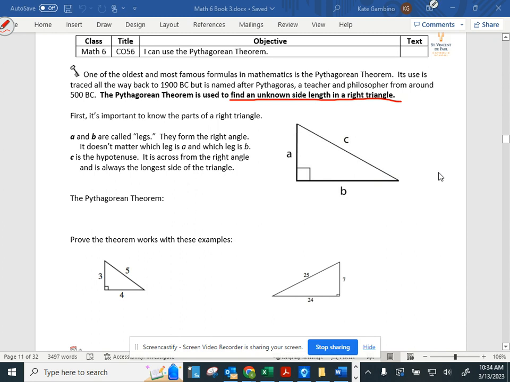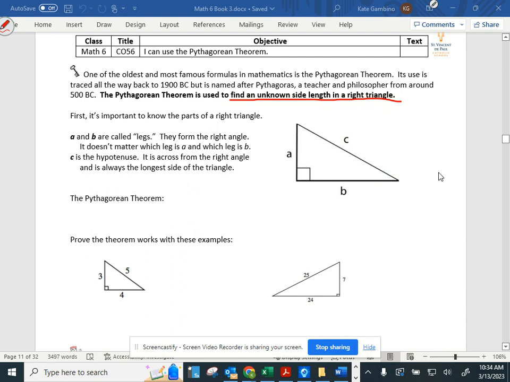So when we have a right triangle and you know two sides, you can find the third side using this formula. It is important. You will want to be putting it on your help sheet when we take the test. There's a lot of important information that needs to go onto these help sheets that we're going to be making at the end of the week. This is one of them.